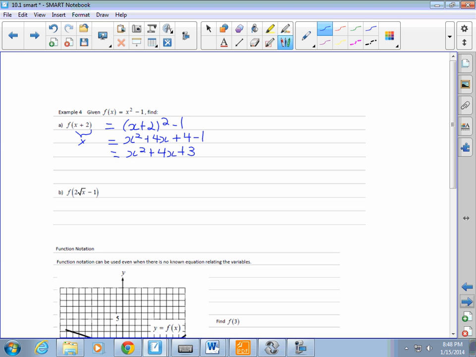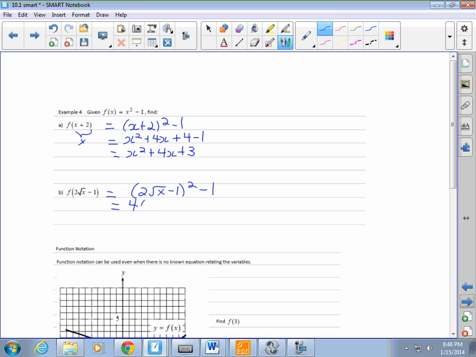Okay, now I want to find the function of 2 square root x minus 1. So (2 square root x minus 1) all squared minus 1. Squaring this, remember whenever you square a binomial, you have a trinomial. So 2 times square root of x, all squared, is going to be 4.